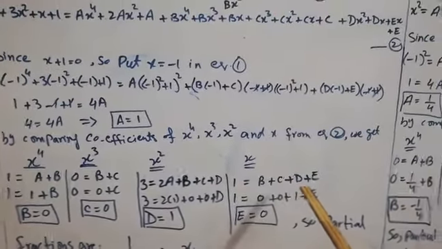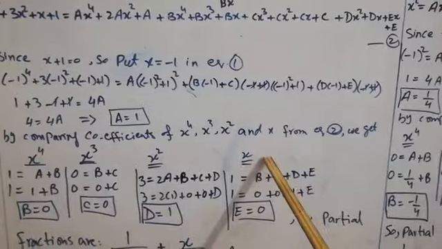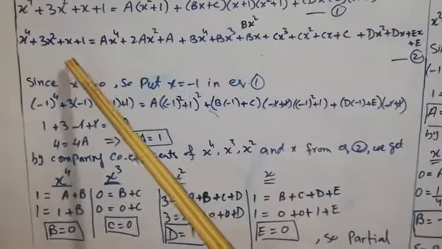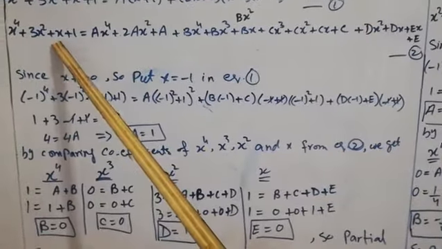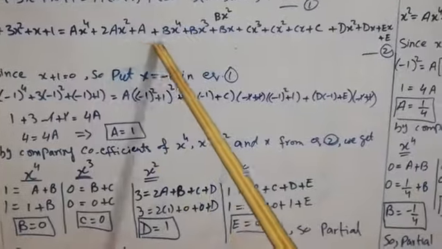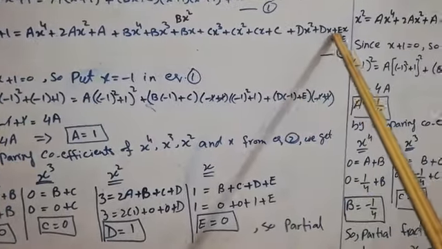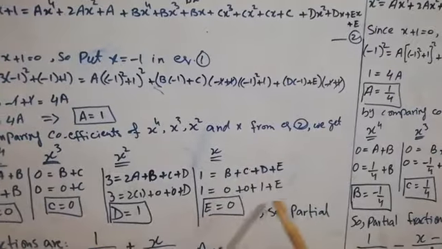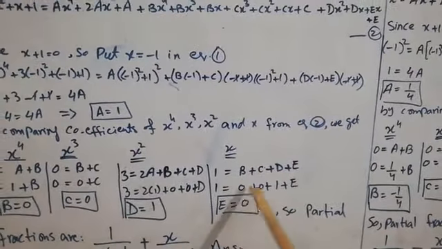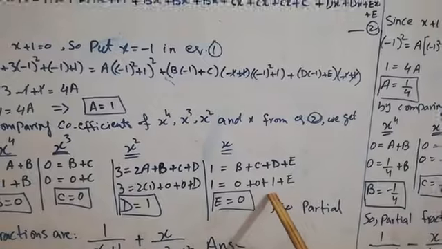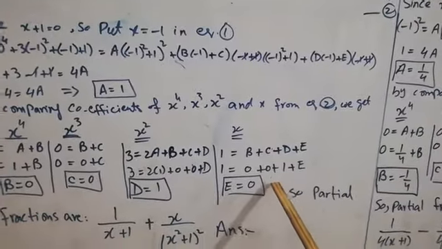Now we are going to compare the coefficients of x. Here the coefficient of x is 1, and on the right we get b plus c plus d plus e. We put the values of b, c and d here, and we get the value of e, which is also equal to 0.